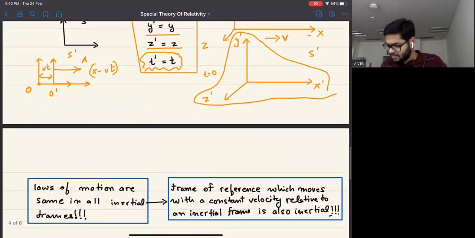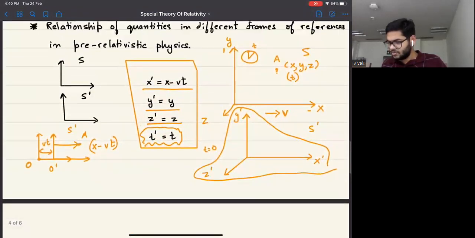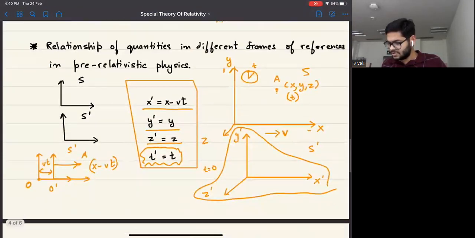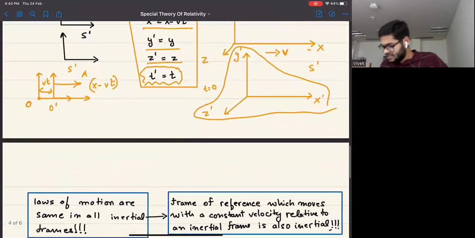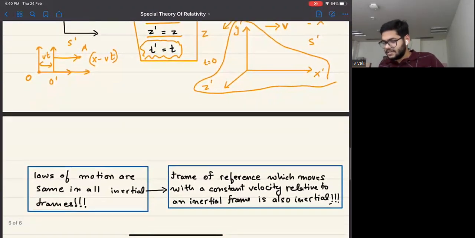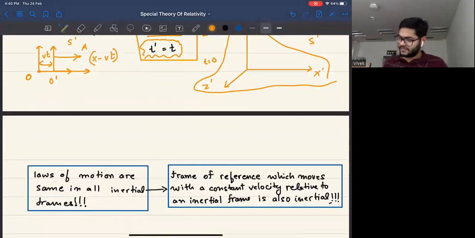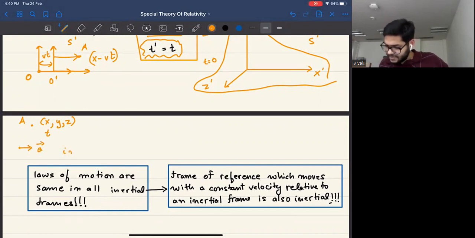So now we want to see how Newton's laws, in particular Newton's second law, change when we change the frame of reference. So let us do it. Let us say that we have a particle A which is at a position x, y, and z at time t, and let us say that it is accelerating with an acceleration a in S frame.